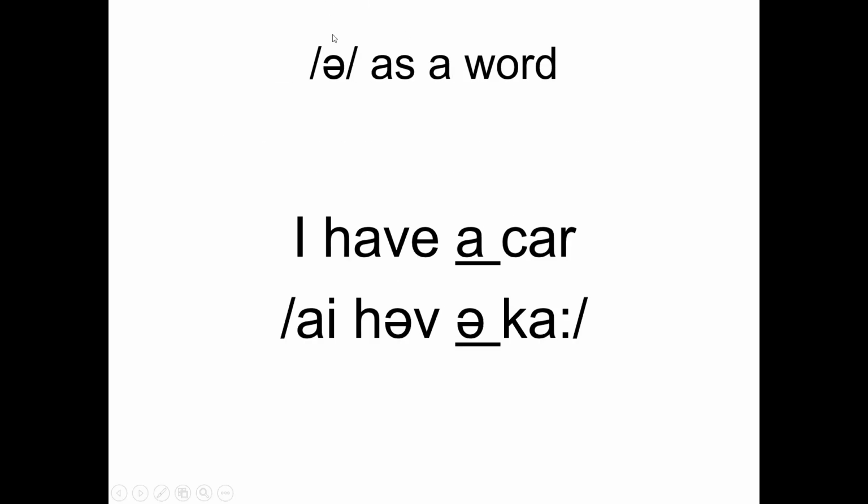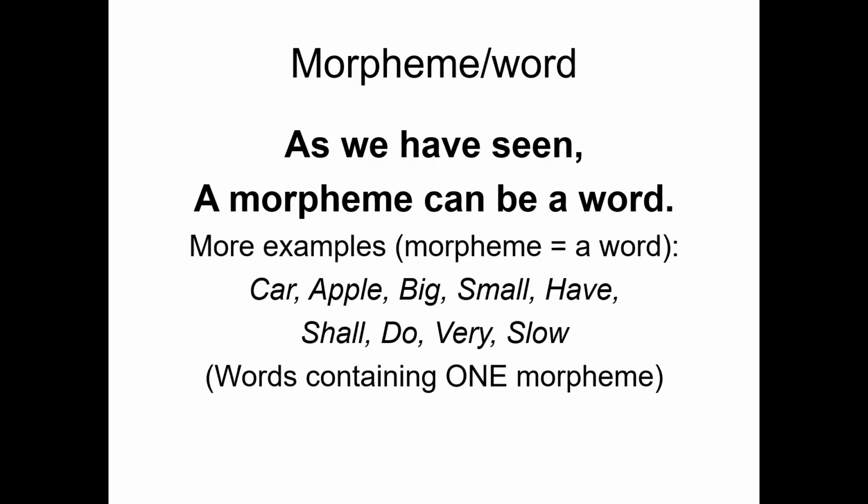And like I have said before, when it is used in English as an indefinite article, this phoneme is at the same time a word. So the last few slides have shown us that a phoneme sometimes may correspond to a morpheme which has a function, or even a word, like the indefinite article in English, or the preposition o in Polish, or the conjunction i in Polish. Yes, so this is a summary of what I have just said.